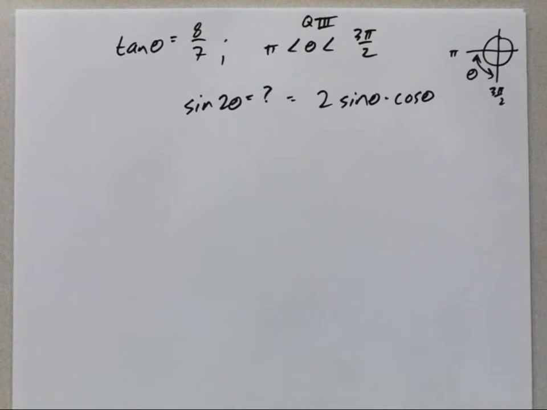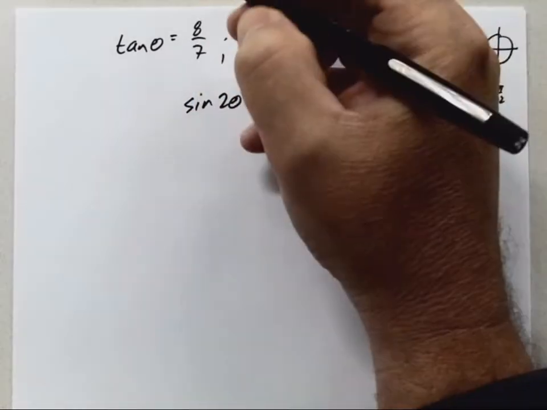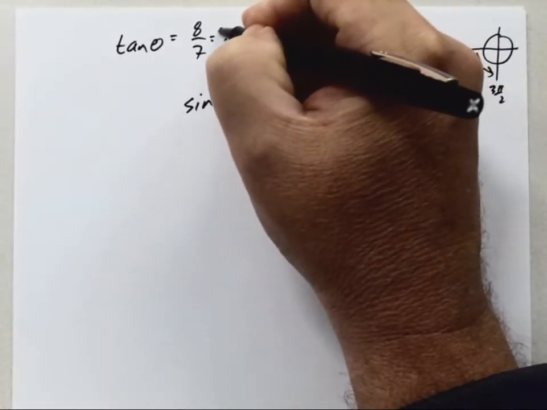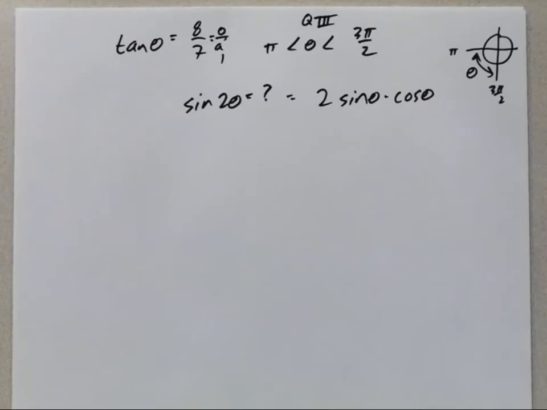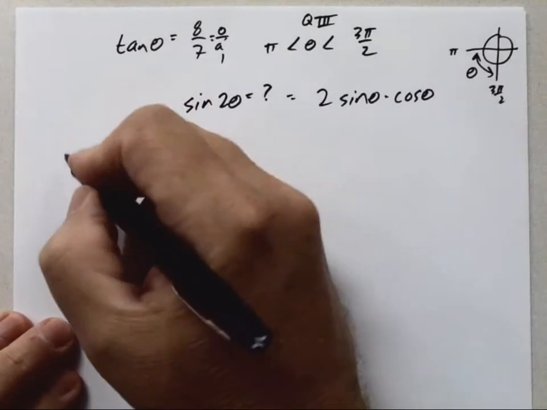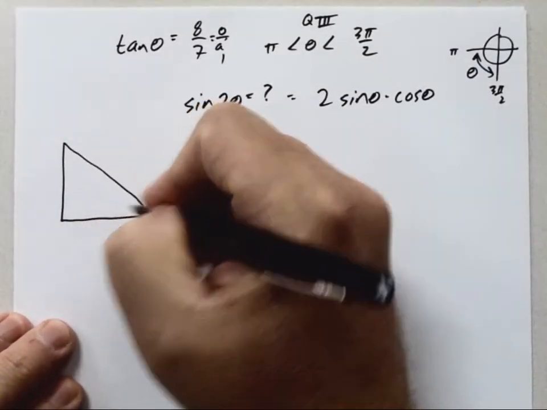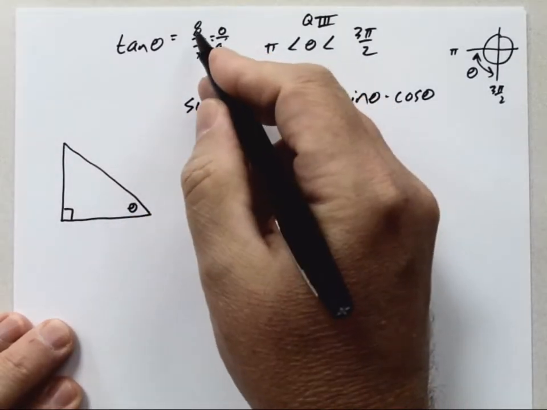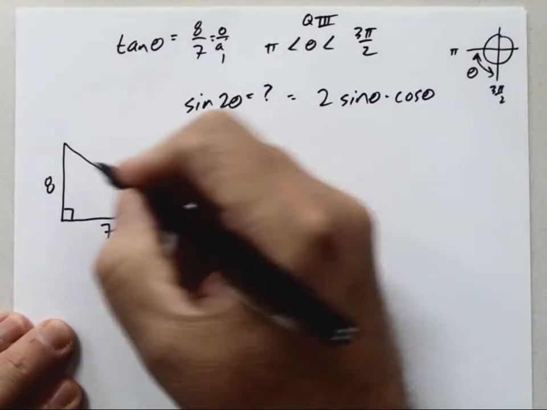Now, how do I go about figuring out what the sine of theta and the cosine of theta is? Well, I take my trig function, in this case, tangent, so-called TOA, right? TOA, tangent, is opposite over adjacent. So I'm going to create a right triangle based off of that trig function. Opposite is 8, adjacent 7.